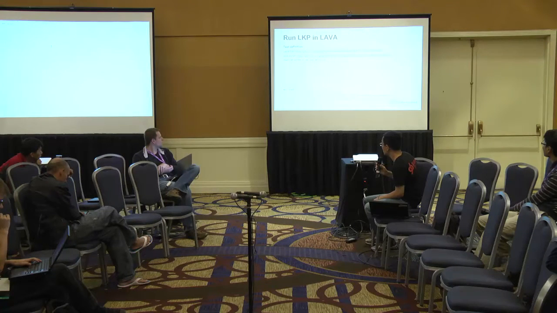The second one is commit. If you want to do result comparison, you need to set the commit to the commit hash, the full 40 characters. Otherwise, the comparison will fail. It cannot be recognized. One more parameter is the loops.